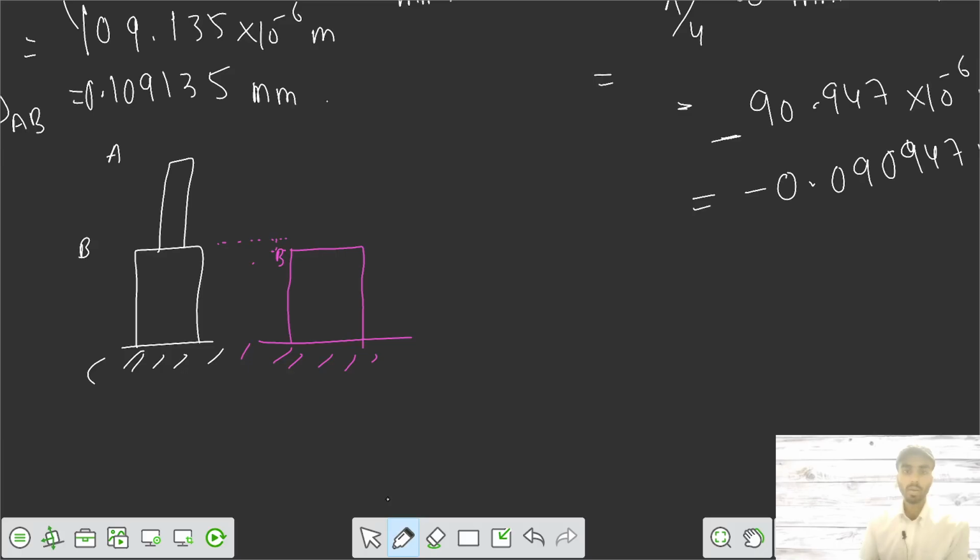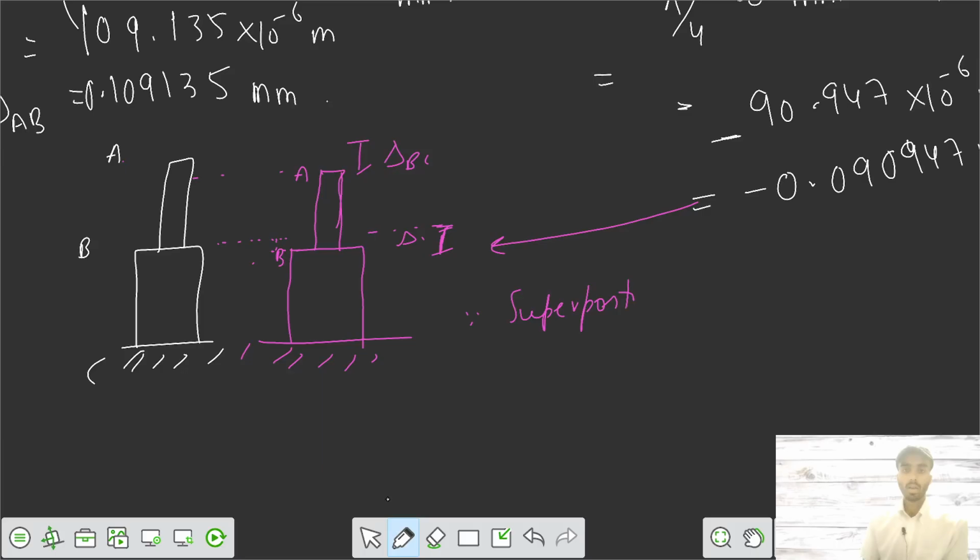So this is your deformation delta B here. If B has been settled by this amount, then this part AB has to go downwards by the same amount. Okay. This part is also delta BC. This is your A. But we can use superposition.